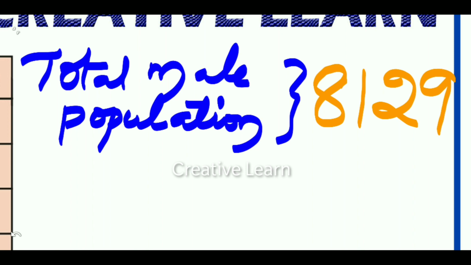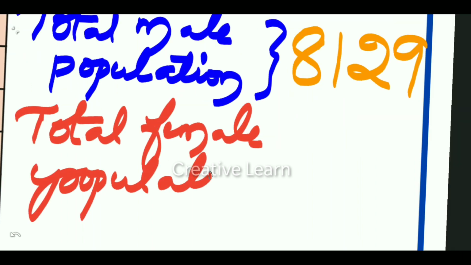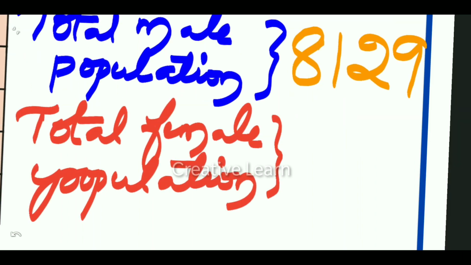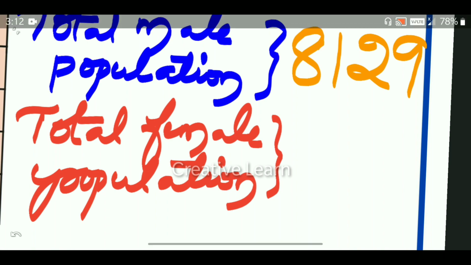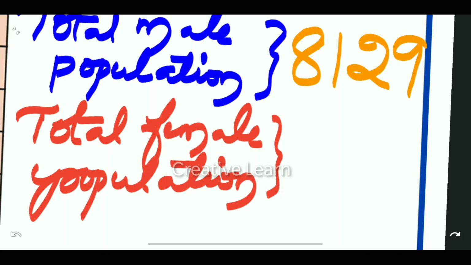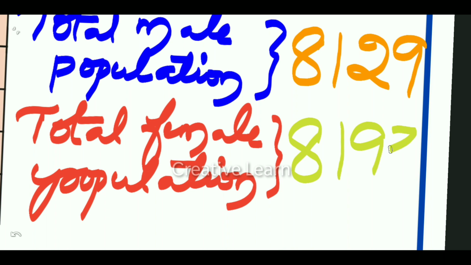Now what is the total female population? Female population of 4 villages. Let's write here total female population from 4 villages, that is 8193. This is the total female population of 4 villages.